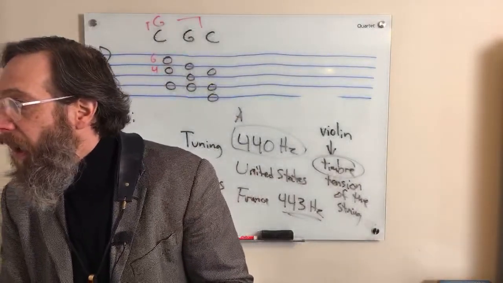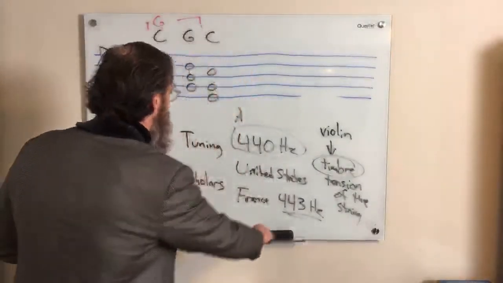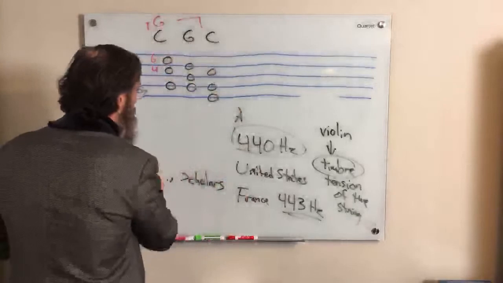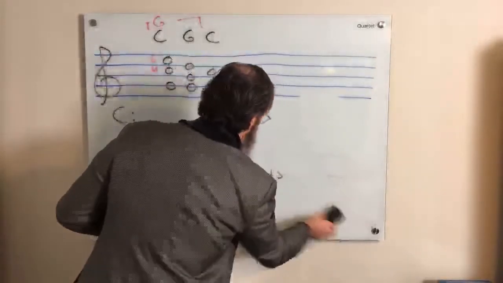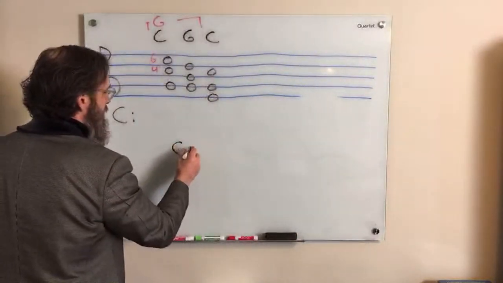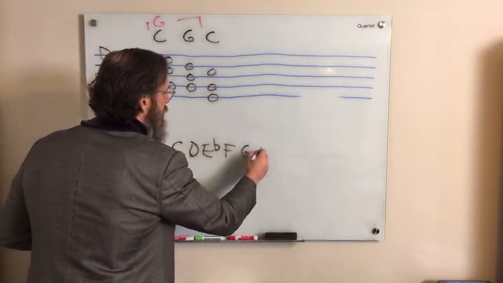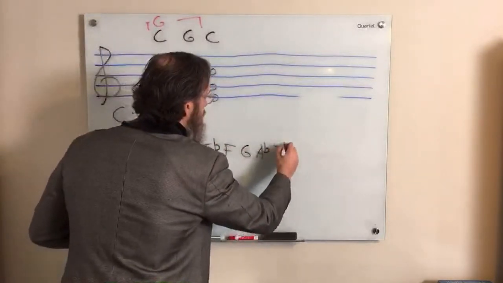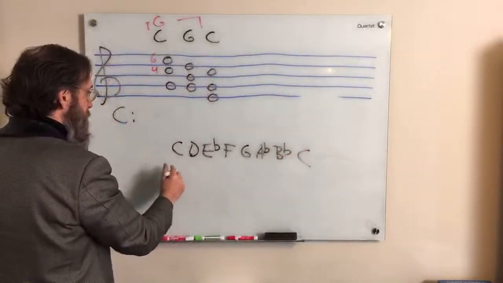All right, what is subtonic and what's the role of it? That's a great question. Subtonic refers to scale degree 7 when it is not raised in a minor mode. So if we have C, D, E flat, F, G, A flat, B flat, C, this is our natural minor scale.